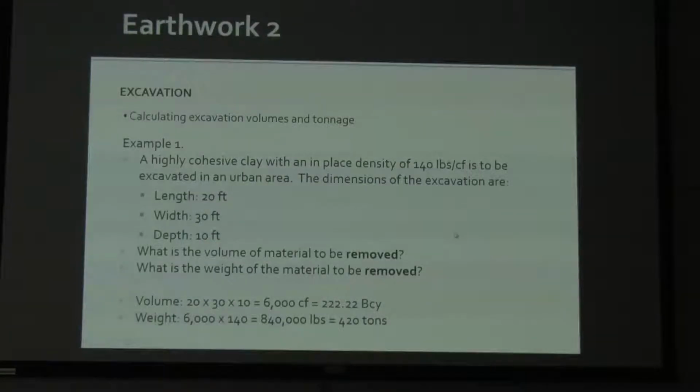Divide that by 2,000, that's pounds per ton, 420 tons. Of course, our 6,000 would come from our calculation here of 6,000 cubic feet, because the in-place density is 140 pounds per cubic foot. So we'll calculate this in terms of pounds and convert it to tons. So we'll always convert volume of excavations into cubic yards and weight of excavations into tons.